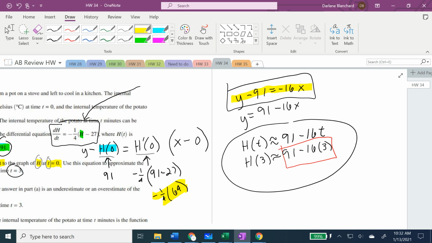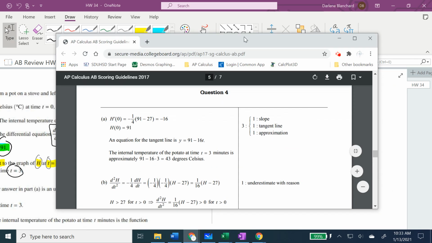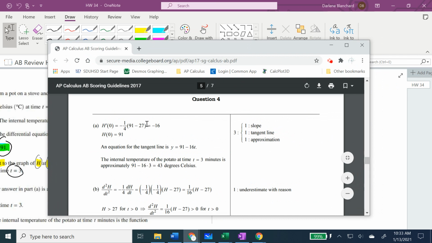Usually it's only worth one problem, but when the slope is particularly hard to find, they'll make it worth 2 points. The approximation was worth 1 point. If you write the equation of the tangent line, that should be acceptable. If you look at how they wrote the answer, it is better if you say where you know things are coming from.